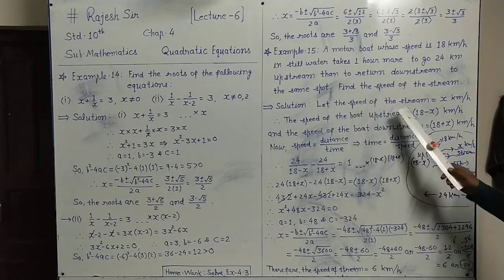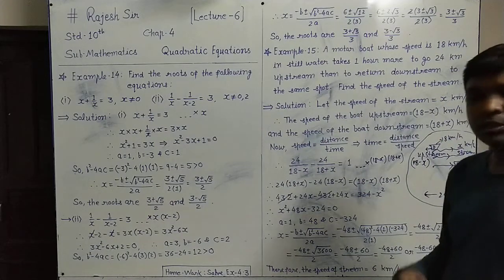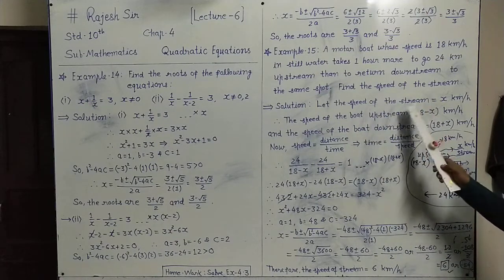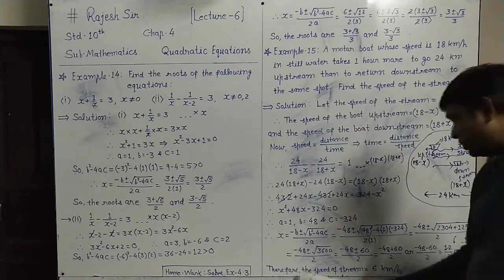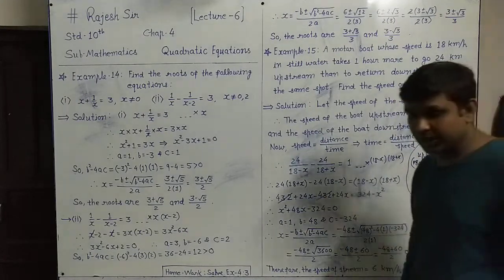Because x is the speed of the stream and speed of the stream cannot be negative, we are ignoring minus 54. So we take x equal to 6 only, because the speed will be positive only. This x equals 6 is the speed of the stream. Therefore the speed of the stream is 6 km per hour. That was the question and we found the answer.